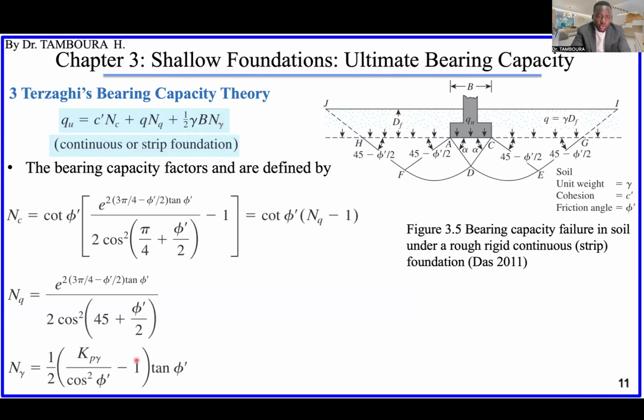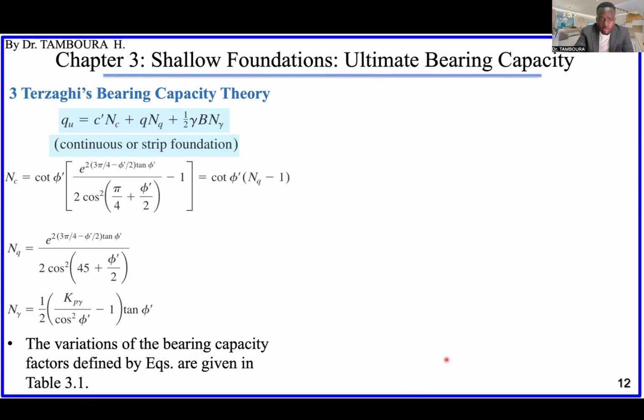So you can choose several values of phi, the friction angle of soil, and calculate by yourself in an Excel file and obtain several values of N_c, N_q, and N_gamma. These are according to Terzaghi. Okay, so this K_p gamma is just the passive pressure coefficient.